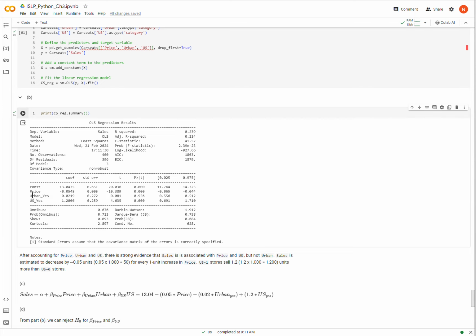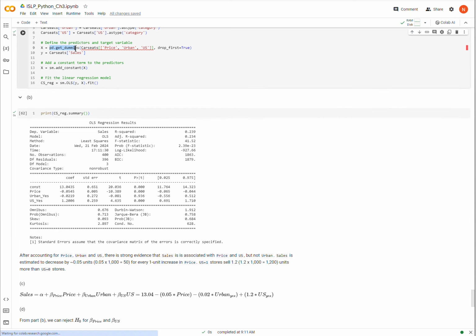Notice here that in the coefficient names, Python has gone through and added yes. It's because these are categorical variables. There are two categories, yes and no. And so when we run the regression, we need to binarize, if that's a word, or get dummies, right?